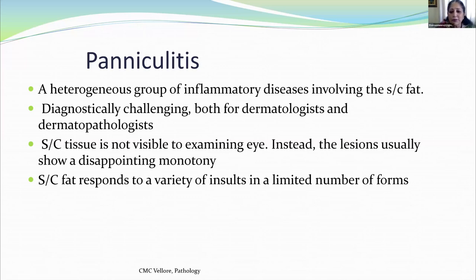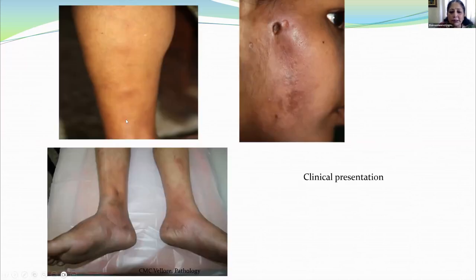And the subcutaneous fat responds to different insults in a very limited number of ways. For example, if you look at this clinical picture, they all look indurated, maybe some nodule here, maybe another induration with a plaque, an ulcer, but they all look so similar. But there are numerous conditions which are different and can be treated differently.